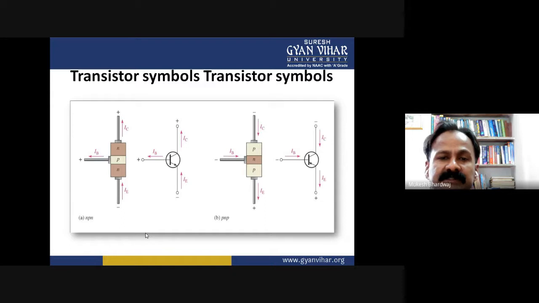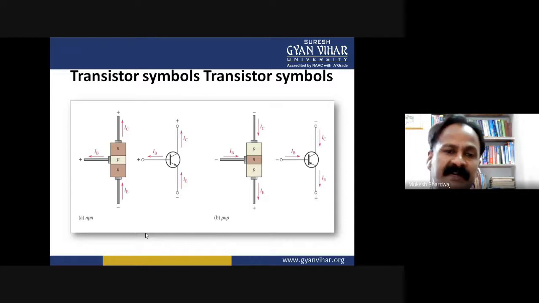Transistor symbols for PNP and NPN type. Basically, we use the symbols in mathematical calculation or in figures when we are going to join the transistor in a circuit diagram. So this is the symbol for NPN. How to identify the symbols for NPN and PNP?